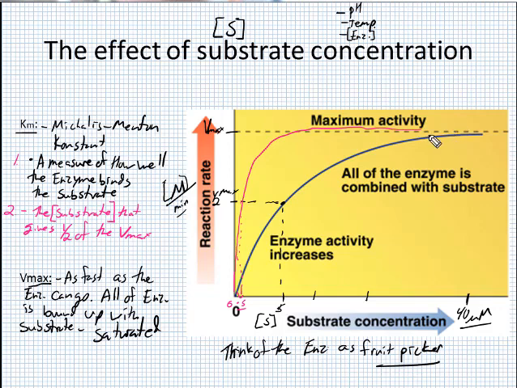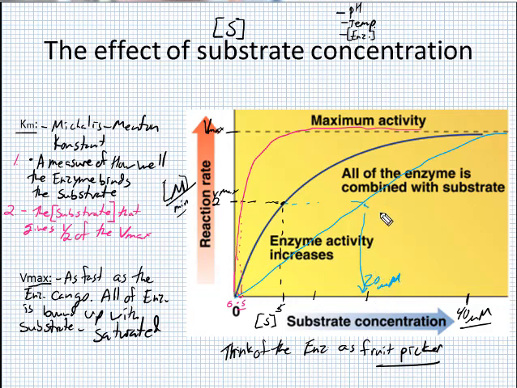Again, we use the same Vmax, but maybe its curve runs off like this before it levels out. So to get to 1/2 the Vmax, we have to get to a much higher concentration, so 20 micromolar. Right?